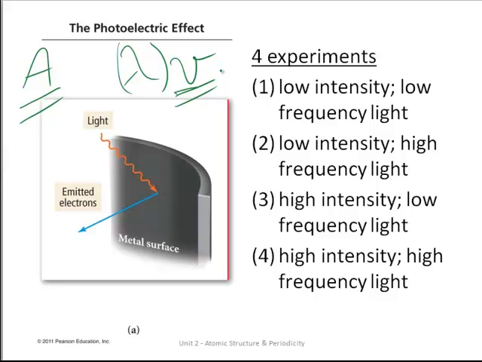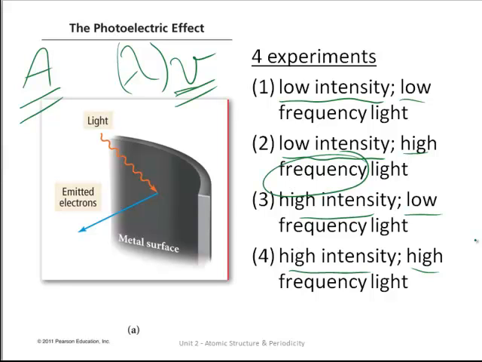Now, scientists set up 4 experiments to try to determine how these two variables affected this phenomenon. They set up the experiments so that they could utilize low intensity, meaning low amplitude light, and both low and high frequency light. Okay, they also looked at very bright light sources, high intensity, high amplitude light sources, and again both low and high frequency light.